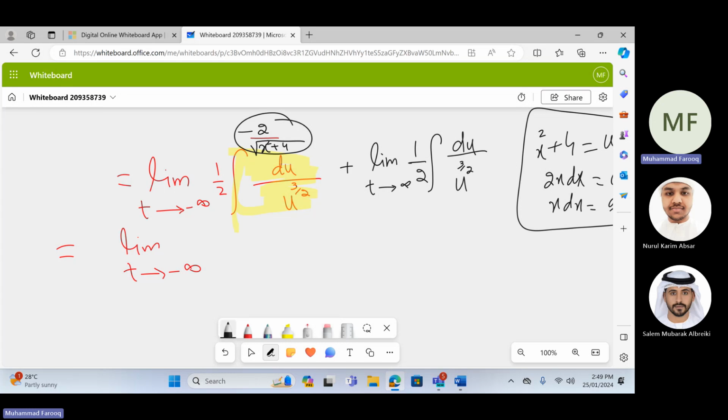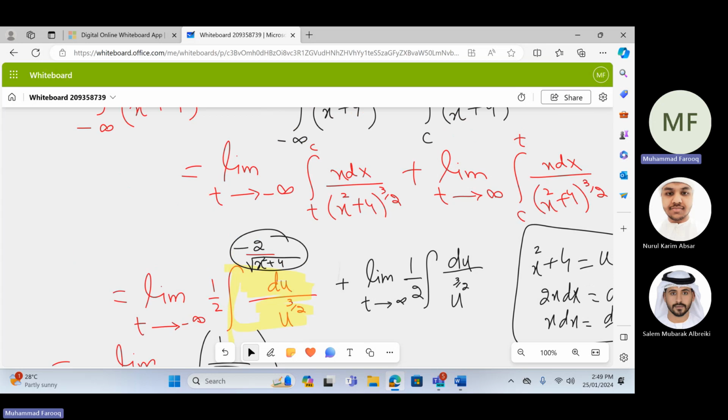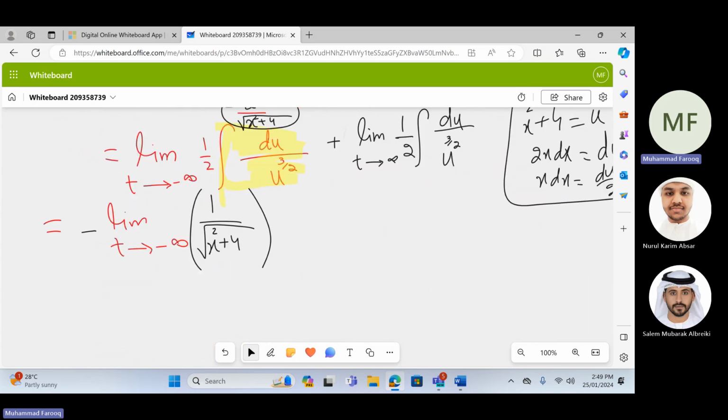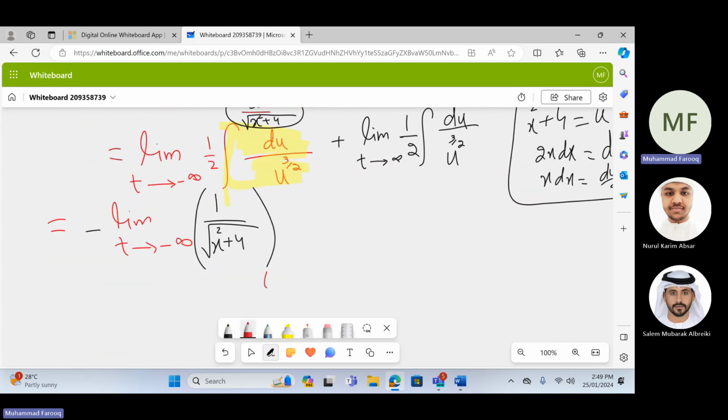And I only have the negative sign here, and this says 1 over the square root of x squared plus 4, from where to where? t to c. Okay, nice. t to c. I hope the first is understood.